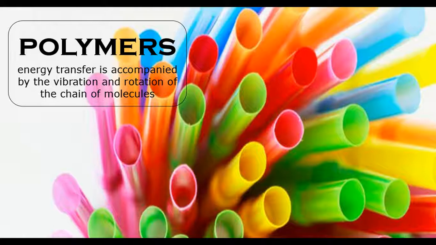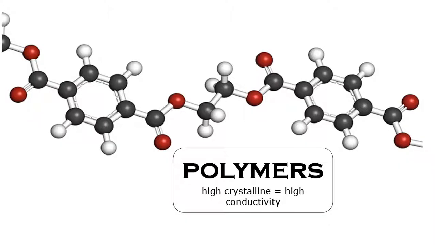The energy transfer is accompanied by vibration and rotation of the chains of molecules. Then, last thing to remember is that the magnitude of thermal conductivity depends on the degree of crystallinity. Highly crystalline and ordered structure means effective coordinated vibrations, thus higher thermal conductivity.